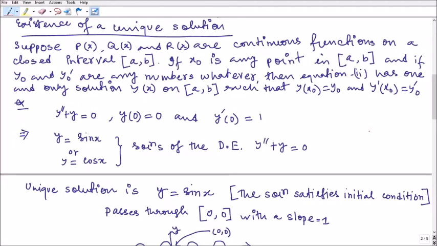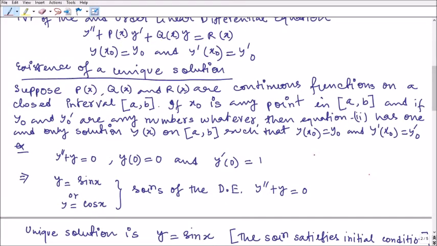So the solution of the differential equation, that is the y of x, will pass through this point x0, y0.